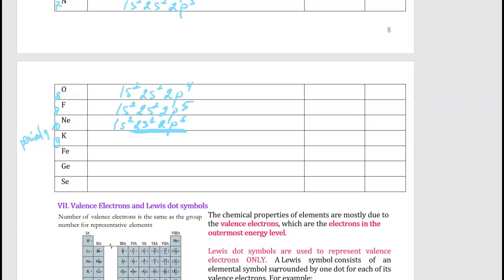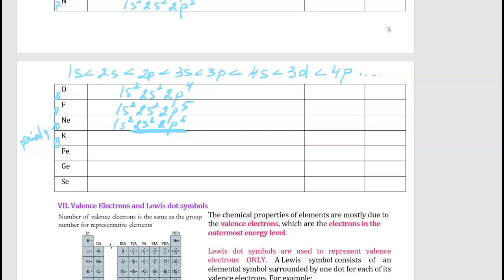That means that potassium's electrons will be located on 4 shells. Okay, and let me rewrite the order: 1s, then 2s, then 2p, 3s, 3p, then 4s, then 3d, and then 4p.